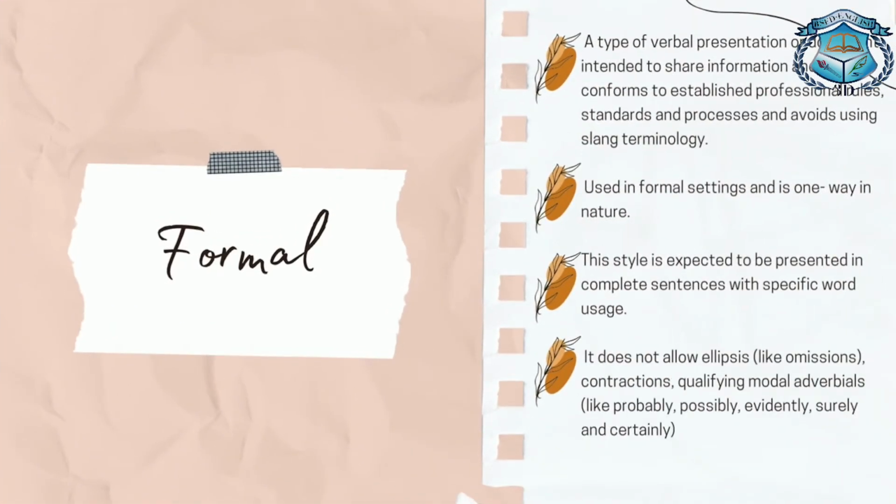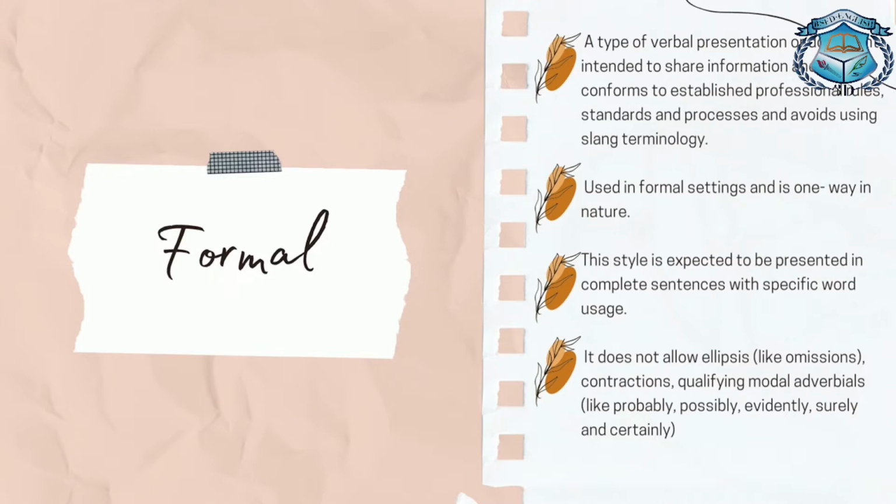Formal. A type of verbal presentation or document intended to share information and which conforms to established professional rules, standards, and processes and avoids using slang terminology. Used in formal settings and is one-way in nature. This style is expected to be presented in complete sentences with specific word usage.